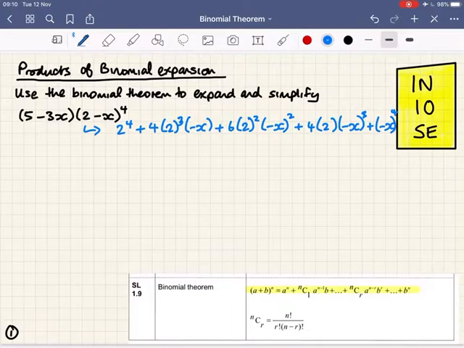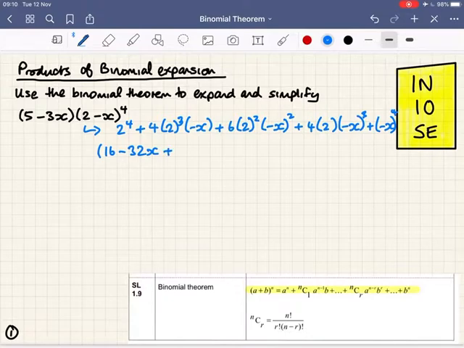Squeeze that in there. So my result there, I'm going to put this in brackets now, is 2 to the power of 4, which is 16. 4 times 2 to the power of 3, 4 times 8, that's minus 32x. It's negative there because I'm multiplying by minus x. 2 squared, 4 times 6, 24. It's going to be positive because I'm squaring a negative x.